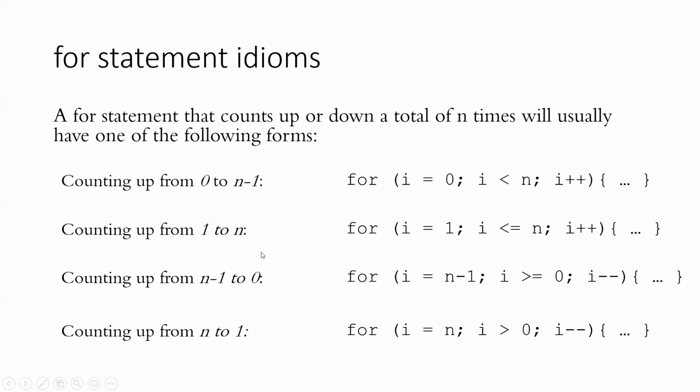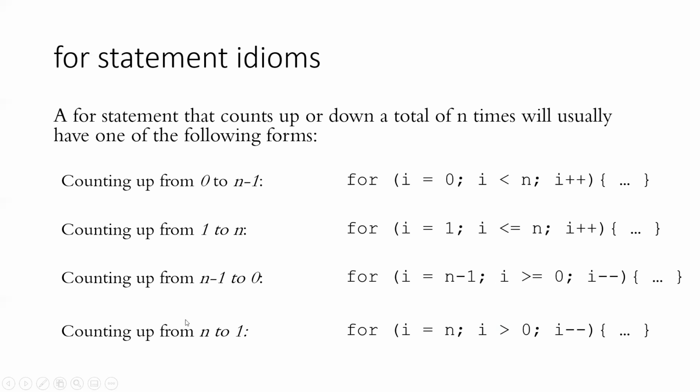We can also count from n minus 1 to 0. The difference is that we initialize the i starting from n minus 1, and our condition is i should be greater than or equal to 0. Since we are counting down, we are decrementing the i.